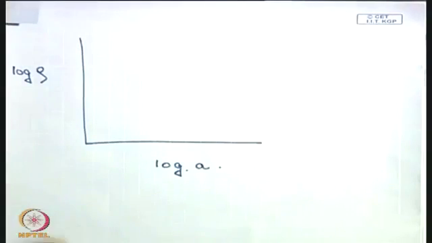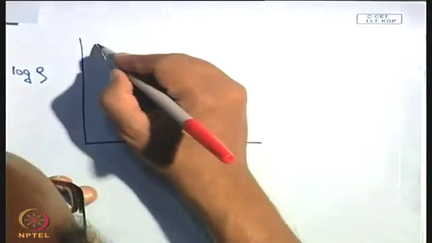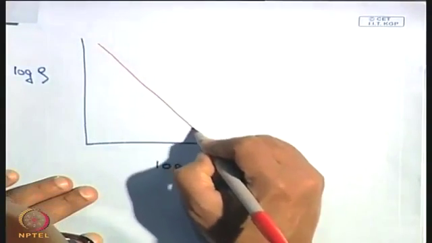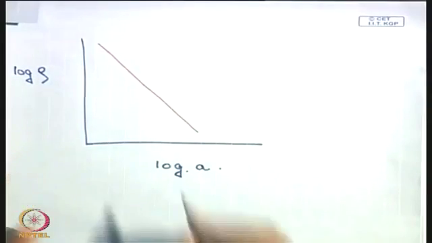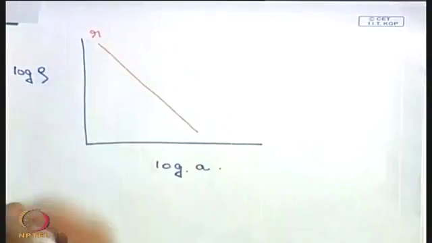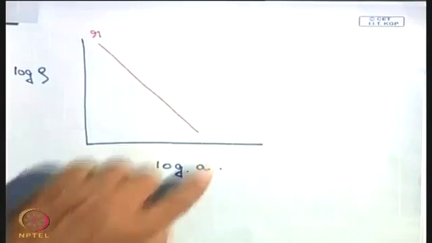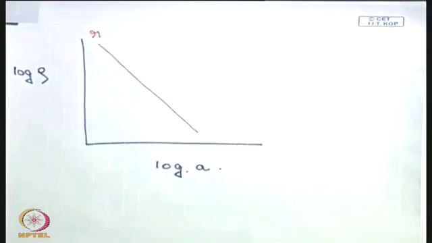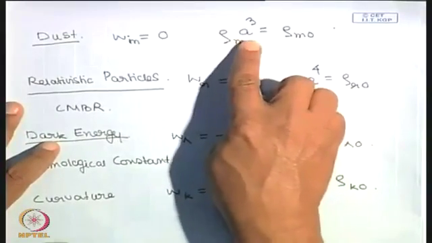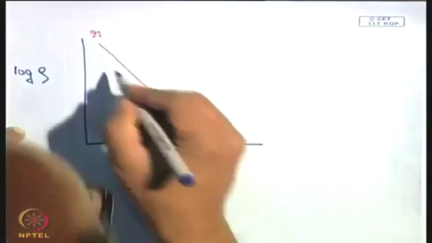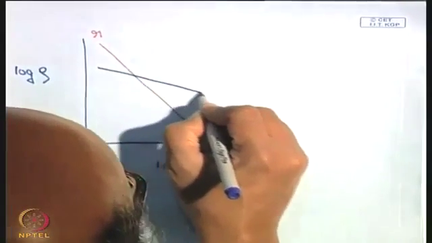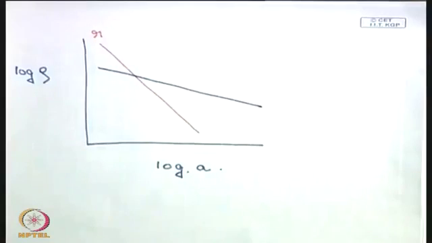Okay, this is relativistic particles R, and this will have a slope on the log plot of minus 4. Okay. Next, the matter, as the universe expands, the matter density will fall as a to the power minus 3. So, that will be something like this, possibly.